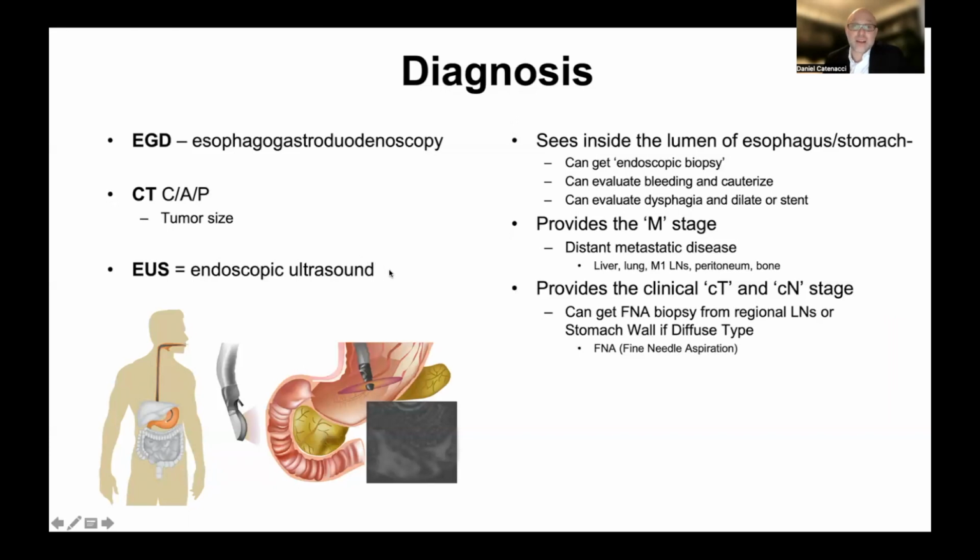In that setting, what I'm alluding to is a diffuse type gastric cancer, which is inside the wall of the stomach but often can be elusive from some of these other tests. An endoscopic ultrasound can look at the thickness of the stomach and also put a needle into the wall of the stomach, called a fine needle aspiration, FNA, and get a sample to confirm that there's a diagnosis deeper down inside the wall of the stomach.